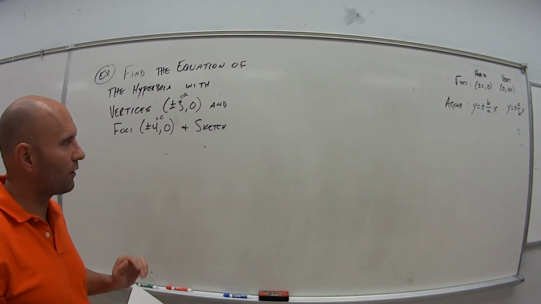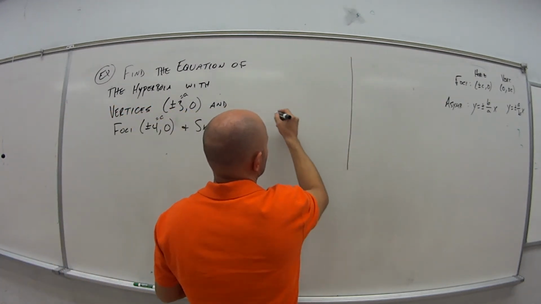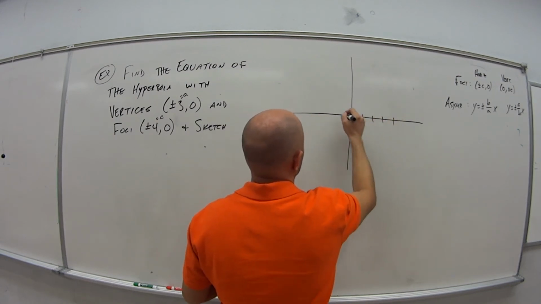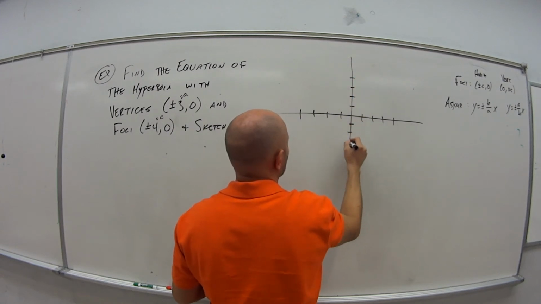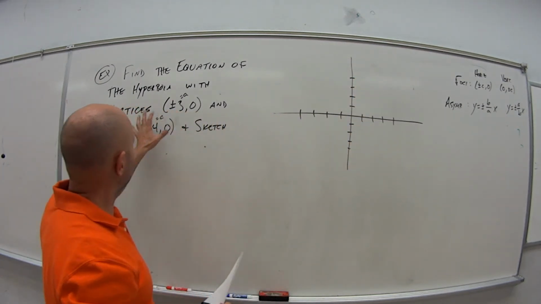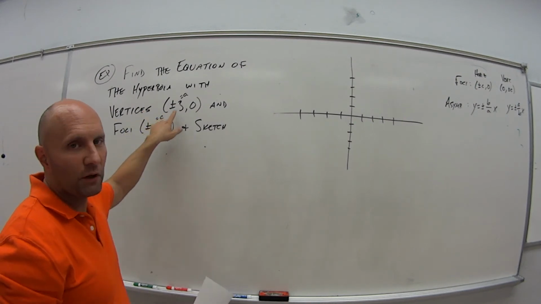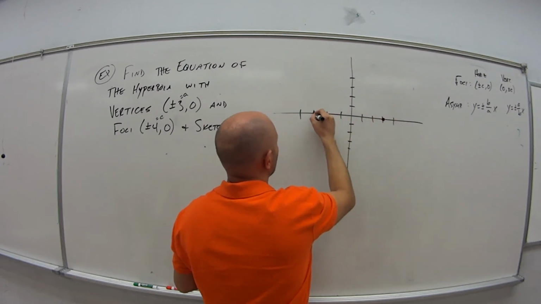All right, welcome back. Hopefully you were able to pull this out. So first, let's try to sketch this. With the information we were given, the vertices are plus or minus 3, 0. That means this one and this one.